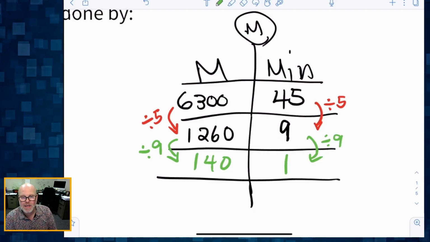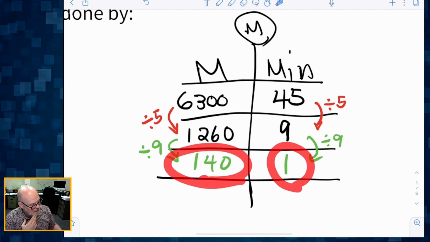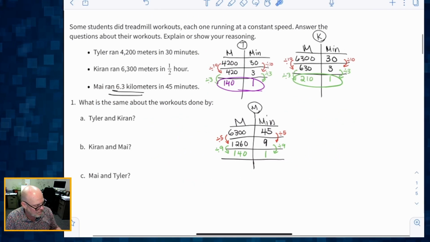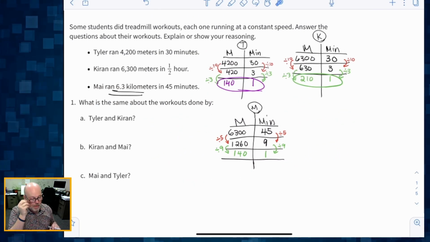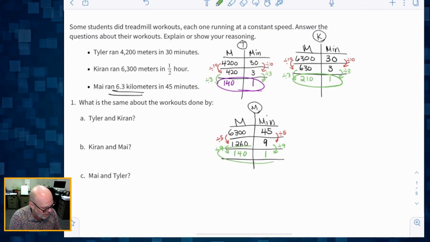So in 1 minute, Mai can run 140 meters. All right. And so there's our 3 unit rates.